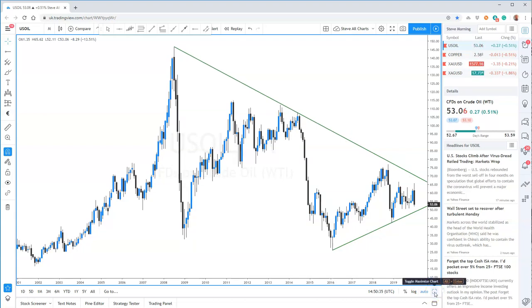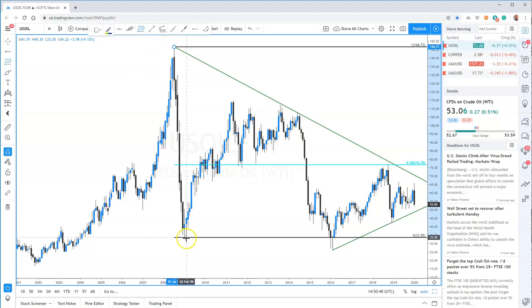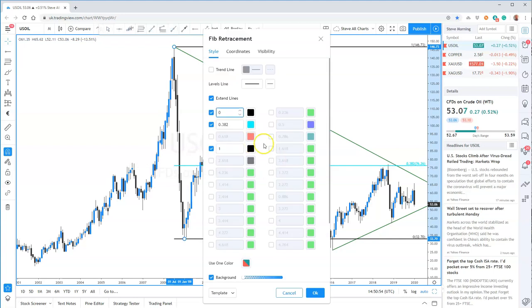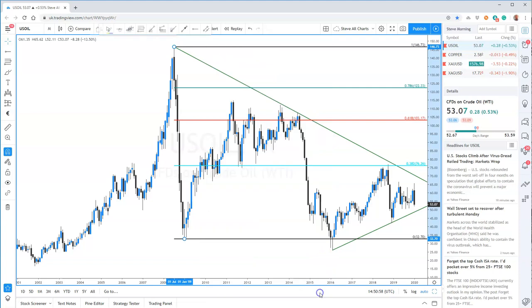So we can see a triangle formation. We can see the move in the oil markets over the 2008-9 period, and the correction back higher. We would have used Fibonacci retracement levels on these longer term time frames, and this gives us a real overview and can be very useful when you're looking at shorter term time frames to back up your overall view.